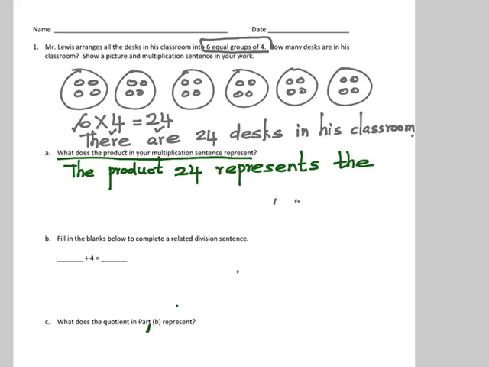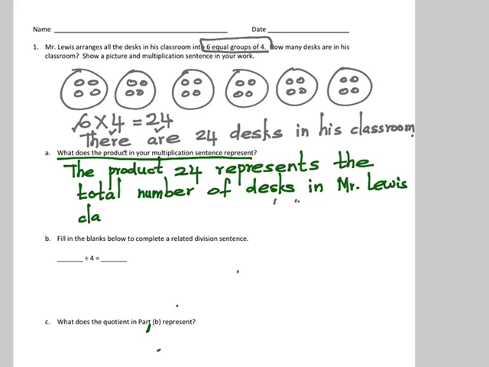So we have to write that the product 24 represents the total number of desks in Mr. Lewis' classroom. Period. Okay.